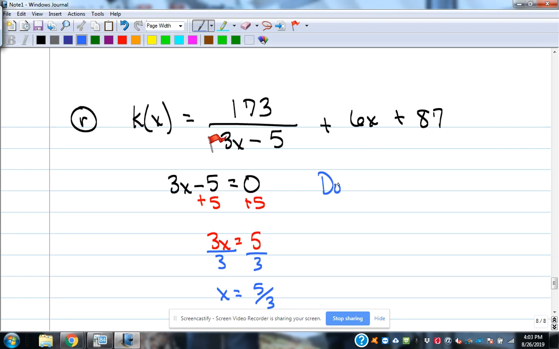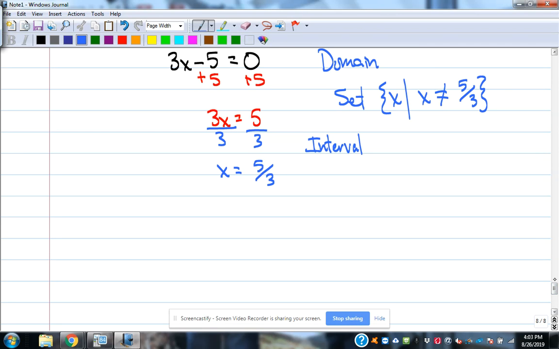So the domain, again, set notation is obviously easier in most cases. It tells us x cannot be 5 over 3. Not very difficult there. Whatever you get when you solve that, that's what x cannot be. The interval notation is a little bit more difficult when you have a number that you're cutting out.